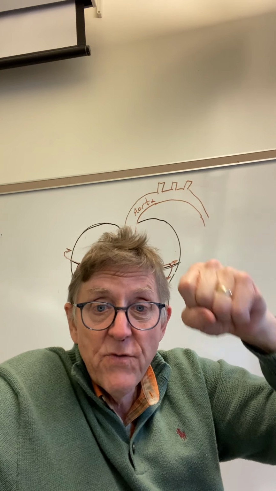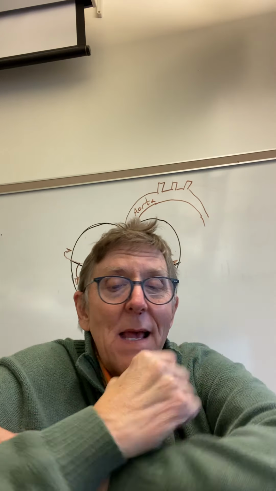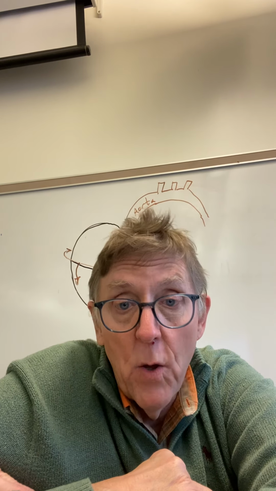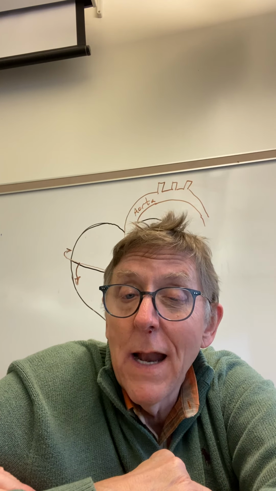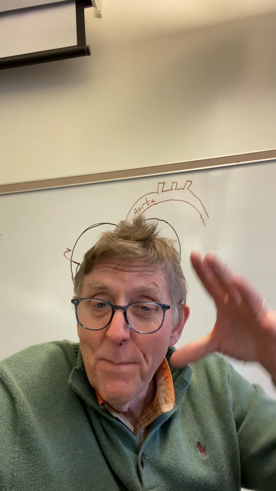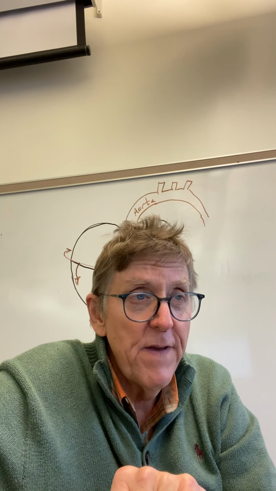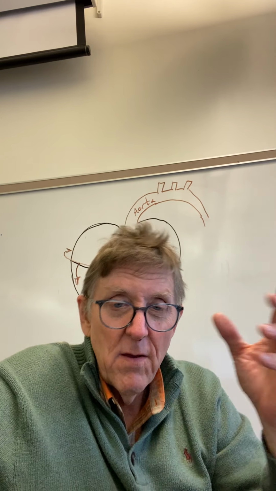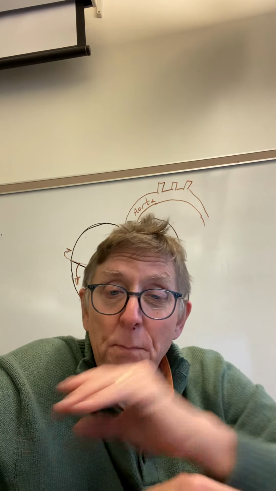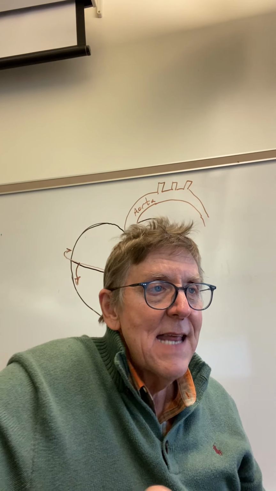When we talk about atrial systole and ventricular diastole, a whole lot of the blood just flows down into the ventricles on its own. Only the last 30% is pushed by the atria down into the ventricles. So you have this passive flow of blood into the ventricles, plus a little bit of a squeeze to push the last 30% down.